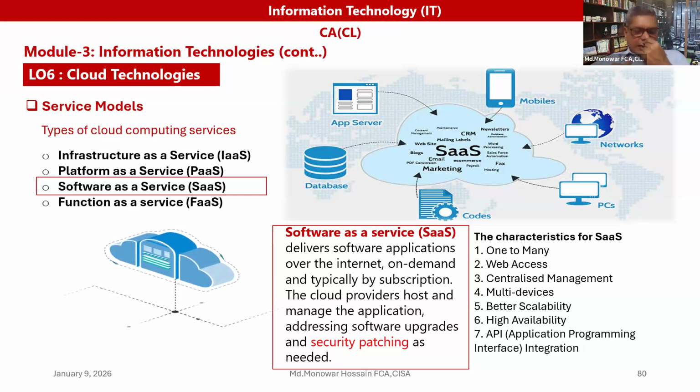For example, the NBR e-return server is linked with banks' core banking solutions through the API. And in the near future, all account transactions can be accessed by the NBR. So through that API, one software can link with another software.